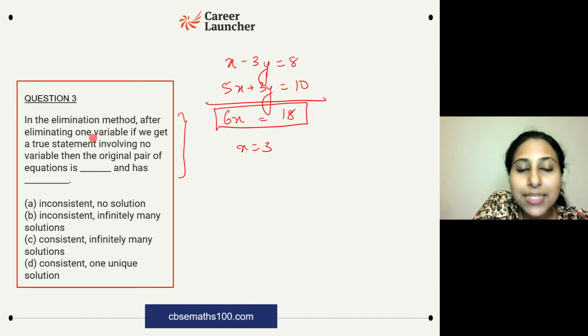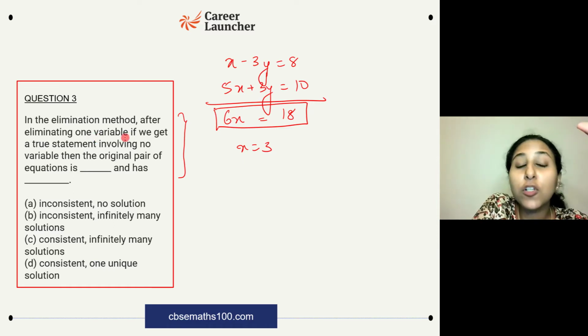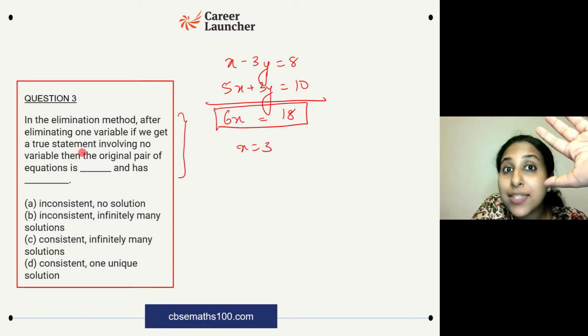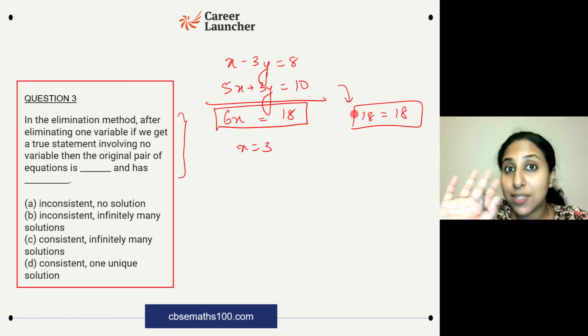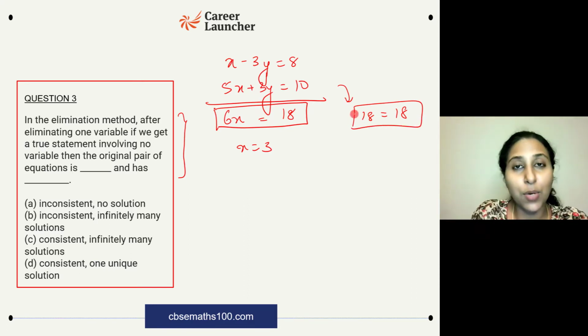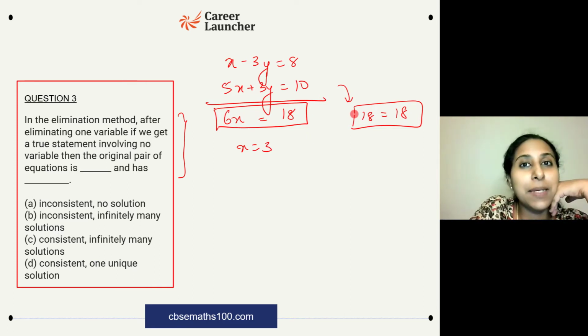But here in the question, they're asking, what if we get a true statement which has no variable? So what if after this step, you got something like 18 is equal to 18? This is a true statement. It is true. It's factually correct. 18 is equal to 18, but there is no variable. Then what kind of equations would the original equations have been?